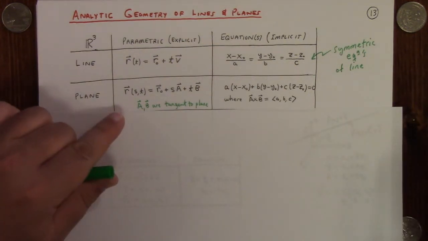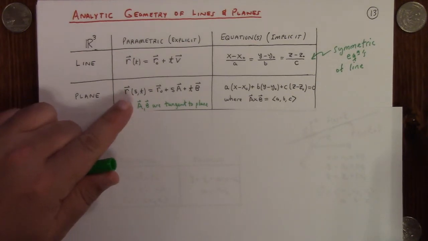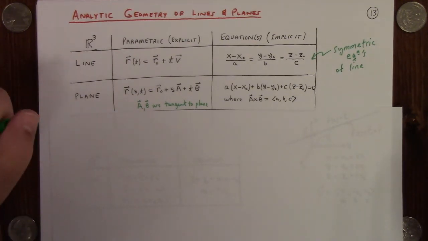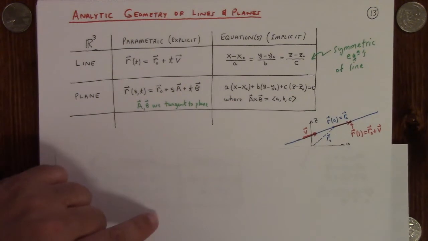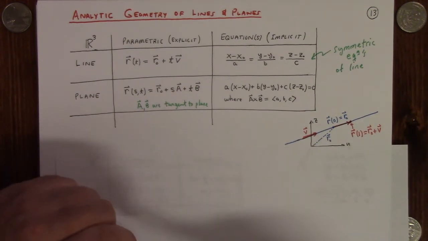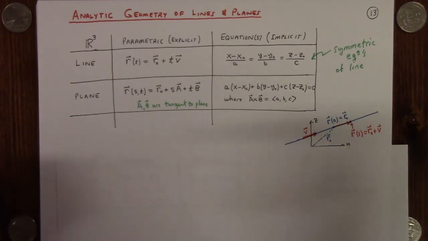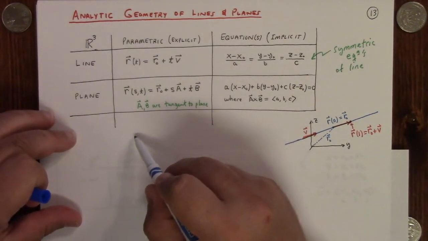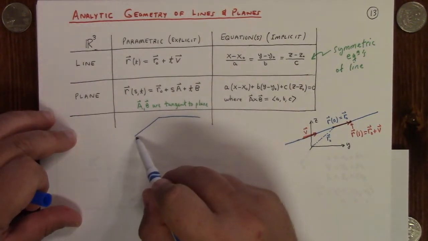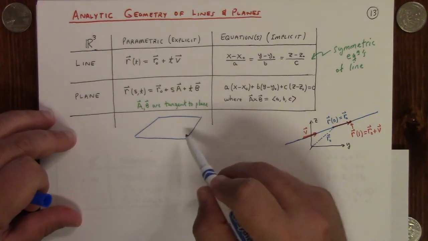So that's the parameterization. So the plane is two-dimensional. It requires two parameters. I'll draw a picture of this. Let's see if I can fit it here. So if I'm so foolish as to try to draw the plane, it goes on and on, but I'm just drawing it like that, all right?